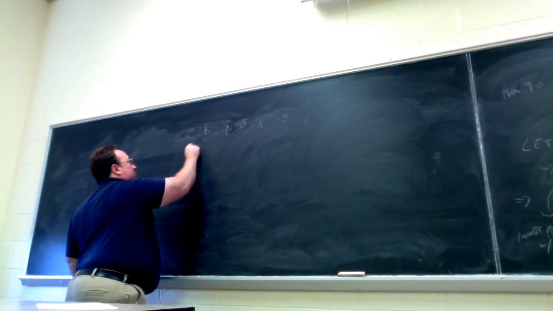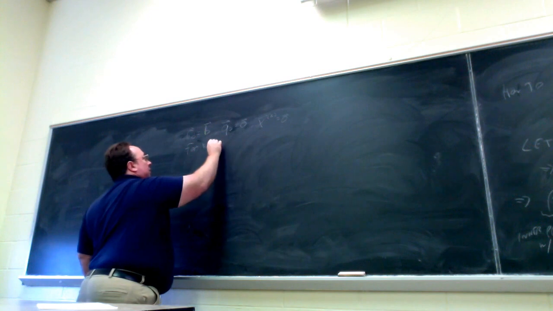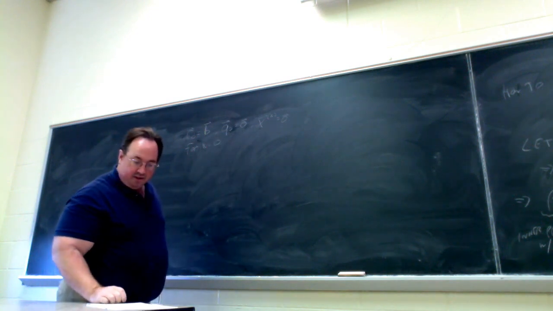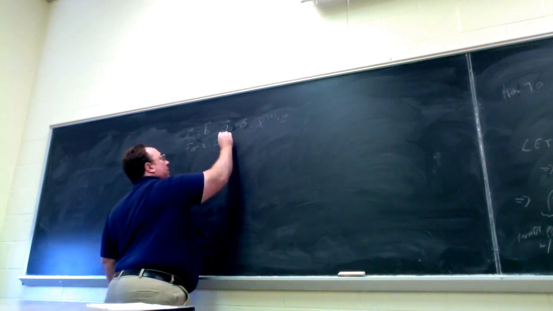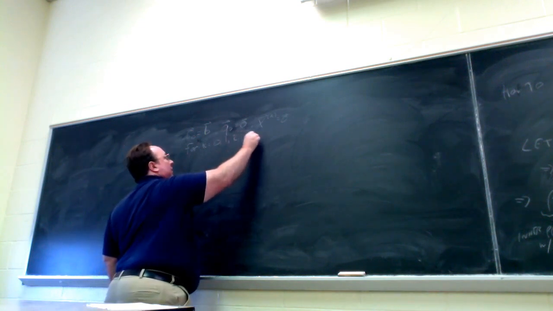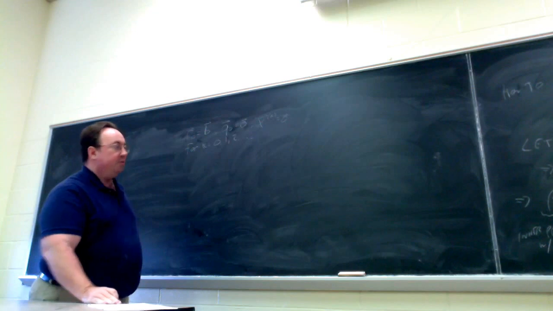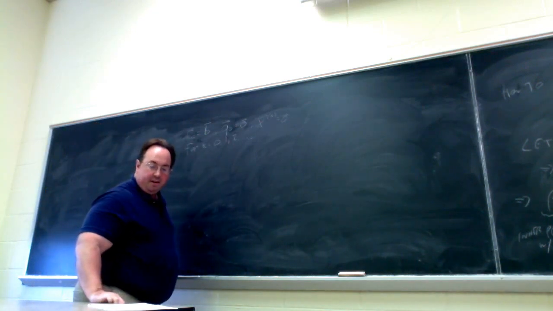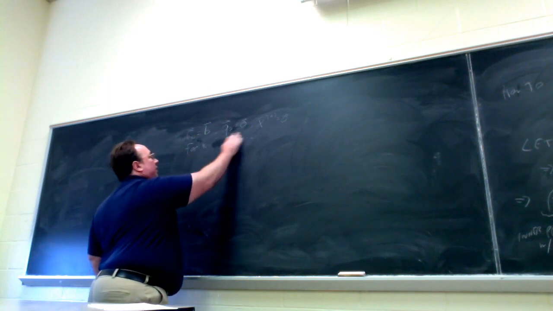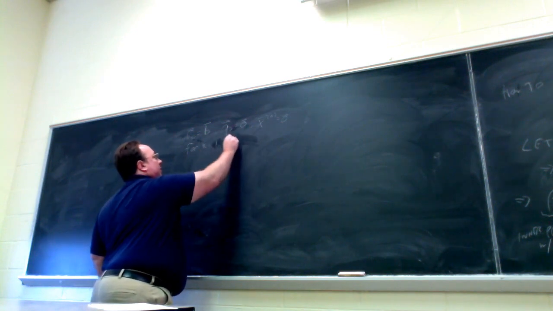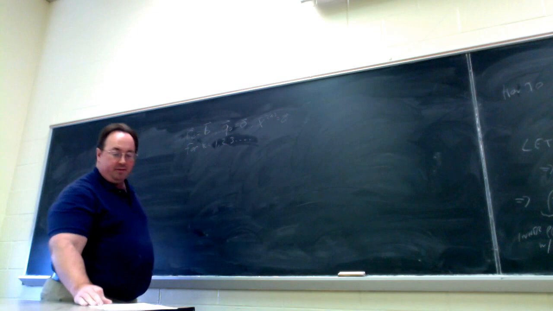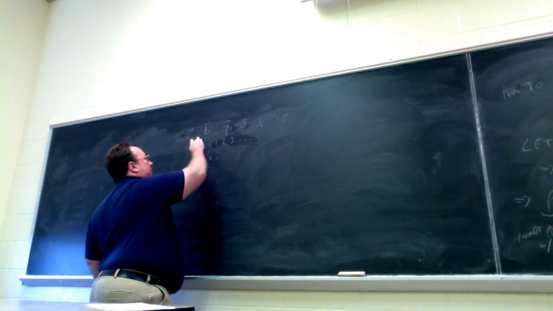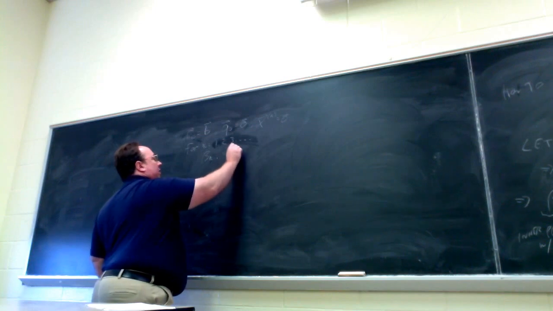Alright, so now we start a loop. Actually, I'm going to start at k equal 1. Now, I'm going to define each beta to be my latest R vector normalized.